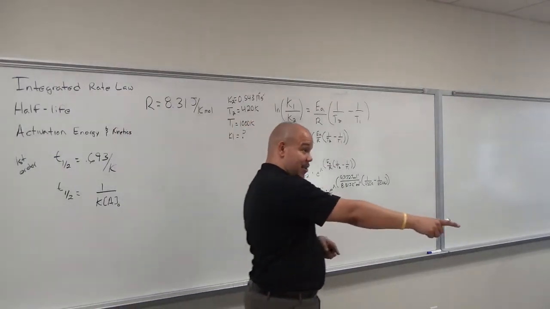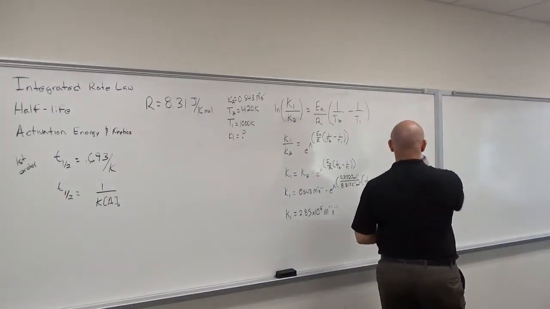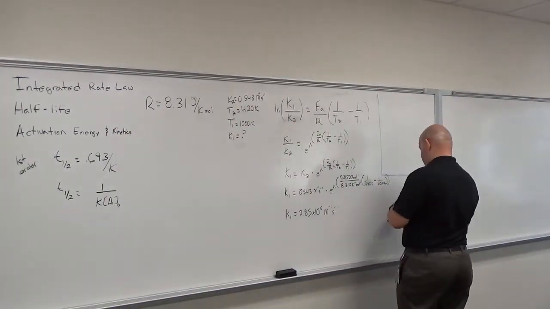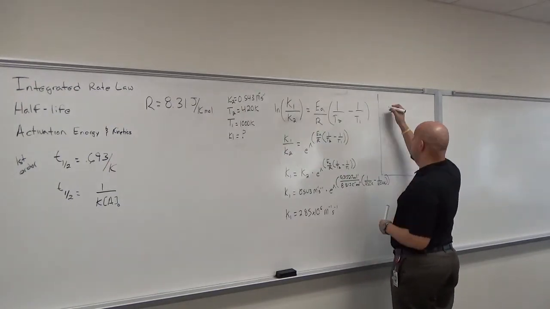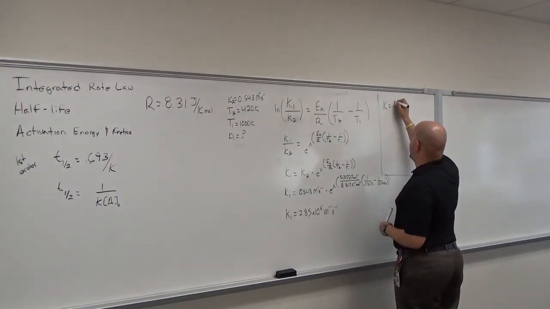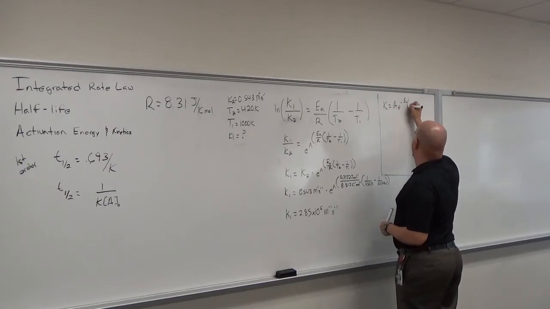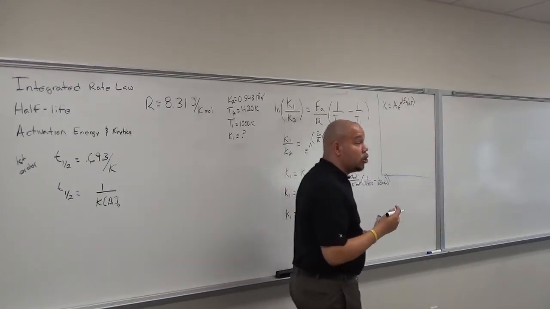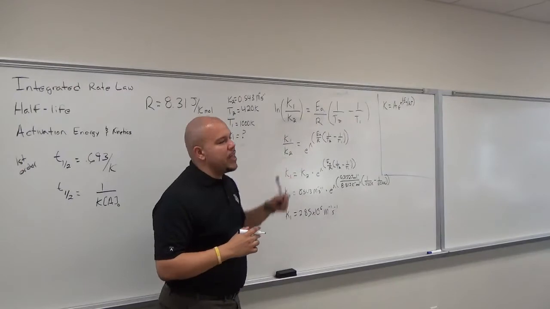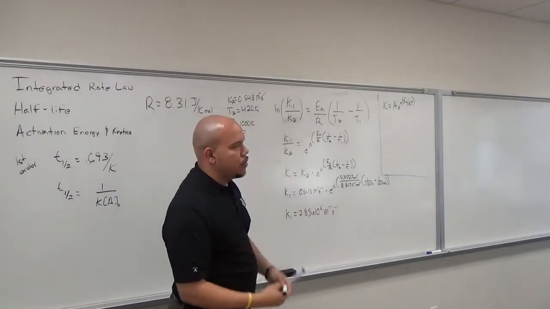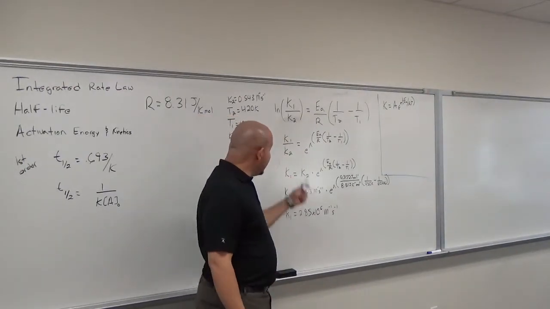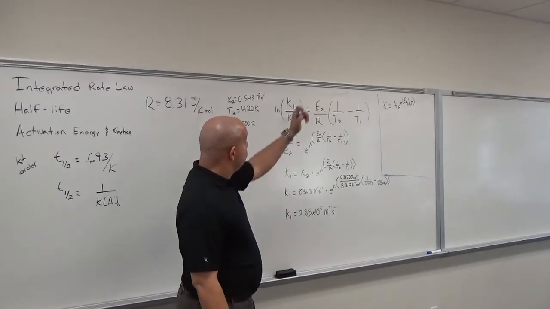In the problem that I just gave you, because I gave you the collision factor, you could also do this just using the initial equation. So a little simpler, but you may not be given A. Then what do you do? You can't solve for it, right? So in this case, I gave you A. You can use that one.